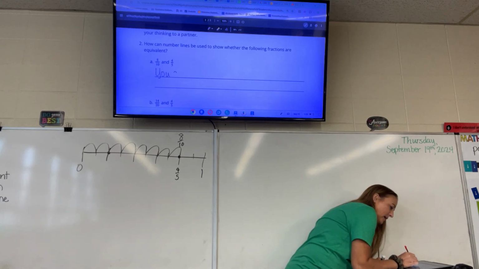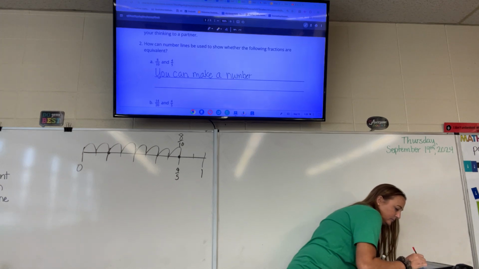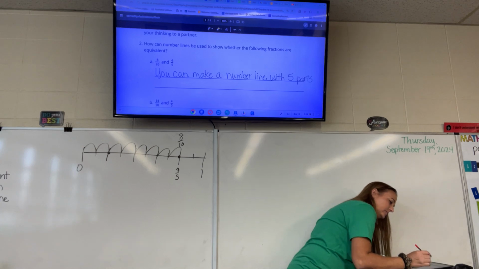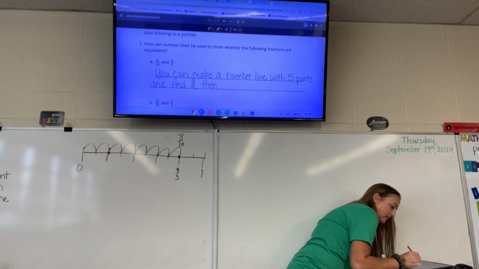You can make a number line with 5 parts and find 4/5. Then split each part.